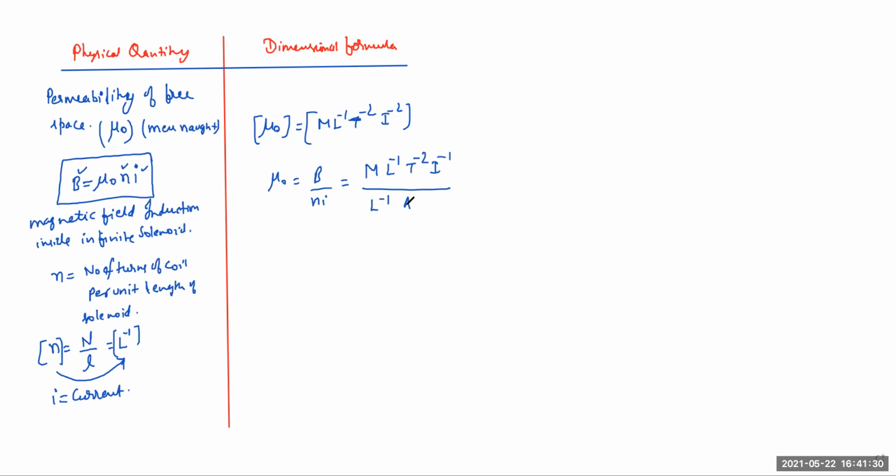Current I is A, charge is I into T. So what we are getting is M L0, the dimension of this is M L0 T minus 2, I minus 2. Okay, that's correct.